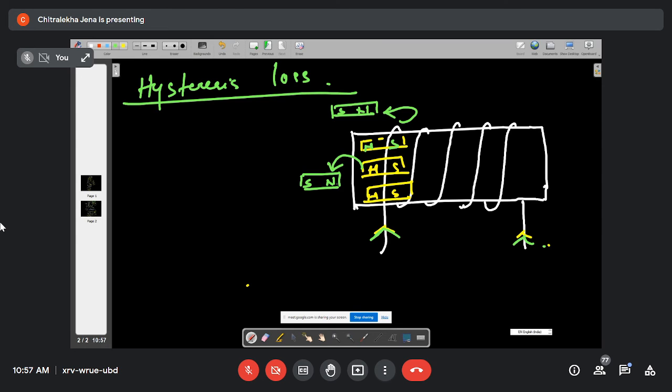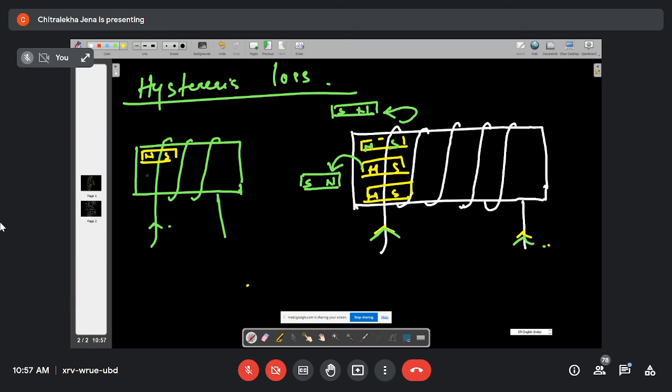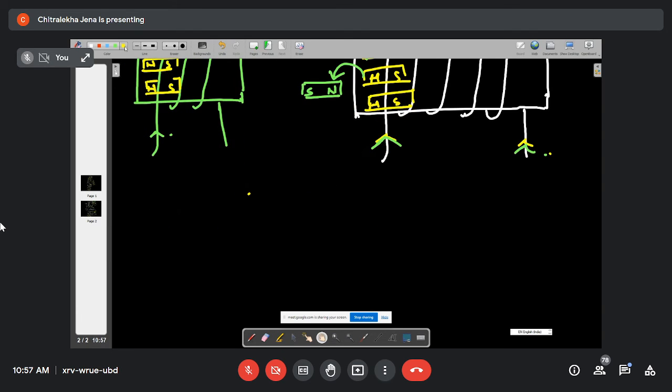Got it? When you are passing a current in this coil, I am not getting whether you understood or not. When you pass a current first in one direction, what will happen? This will be in an orderly manner: north pole, south pole, north pole, south pole, like this. Now suppose I reverse the current direction.